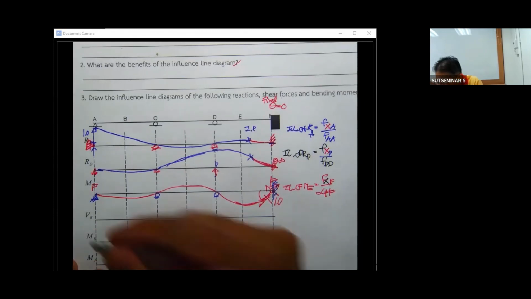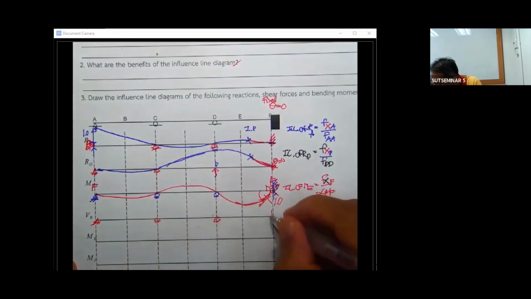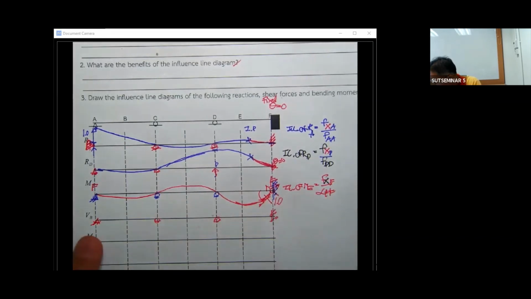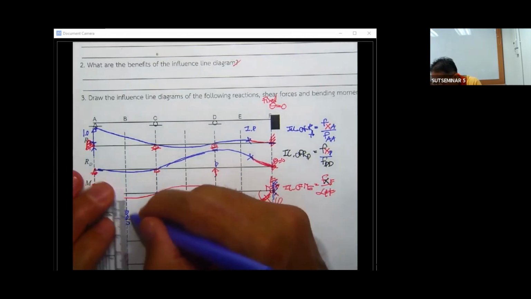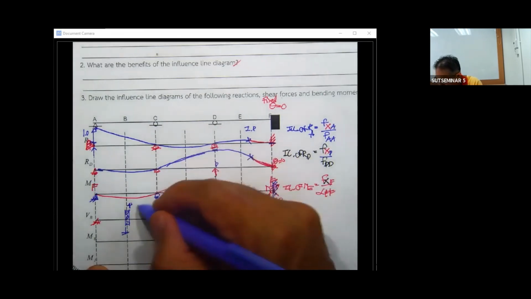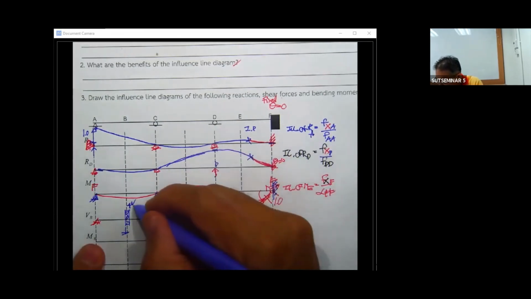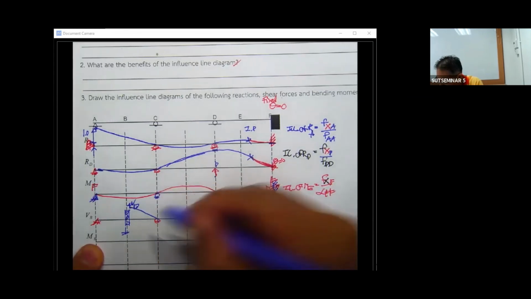you have to have this one, this one, this one, and this one fixed. For V sub B, that means you have to put the roller here, and then put the force of V sub B here. And then this one is going to move like this.